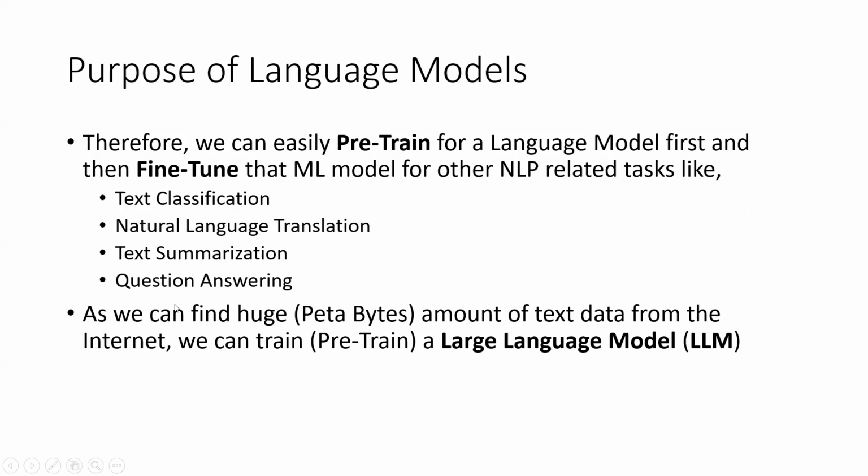For pre-training, you can use a large amount of data, like petabytes of data, for training this language model, and we can create a very large language model. That is why we call them not language models but large language models, because large language models are trained with a lot of text data in an unsupervised manner, right? So that is how the term large language models, or LLMs, came into our vocabulary, right?